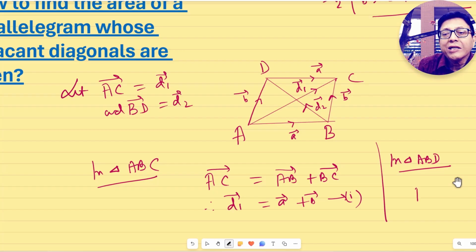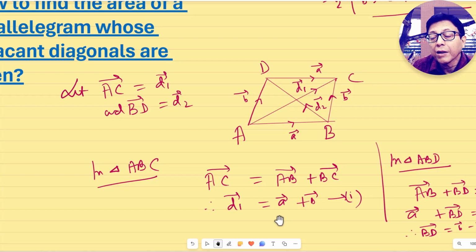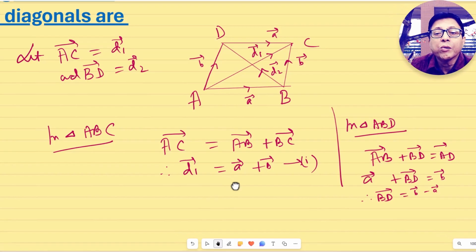So now, in triangle ABC, AC is going to be what? AB plus BC. Therefore, D1 equal to A plus B. And in triangle ABD, what do you find?